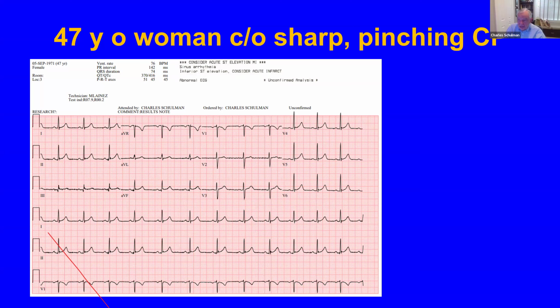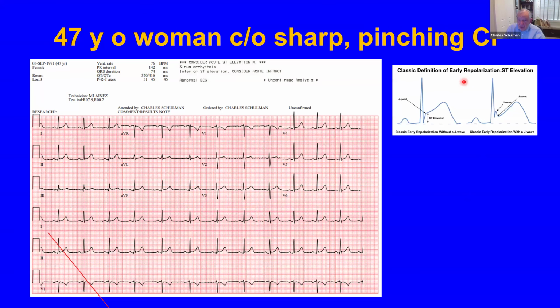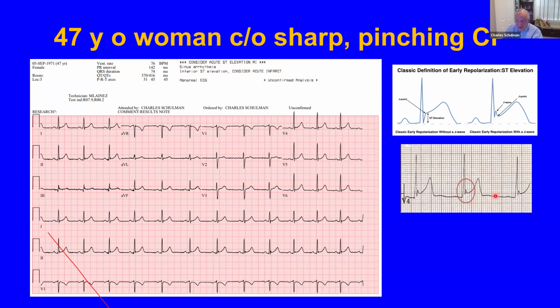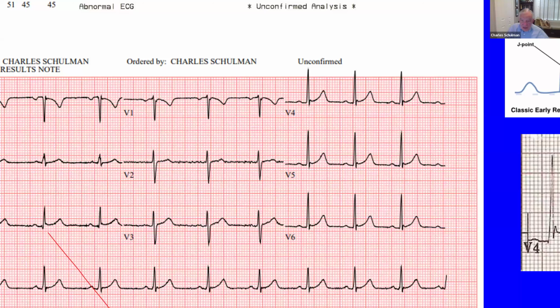The answer is we should not. This is the early repolarization abnormality, ST elevation from the J point, okay, with a notch. It's called a J wave, and here it is. It's showing those a little more prominently, and actually I can enlarge this, and you can see that J wave right there.